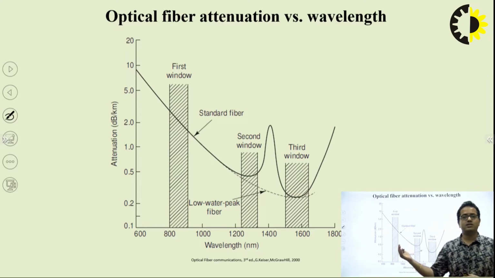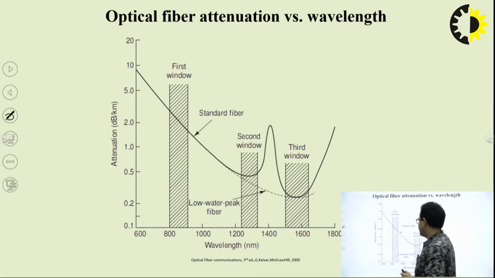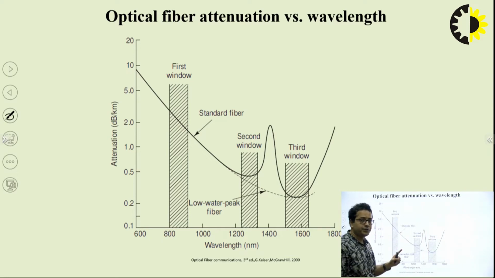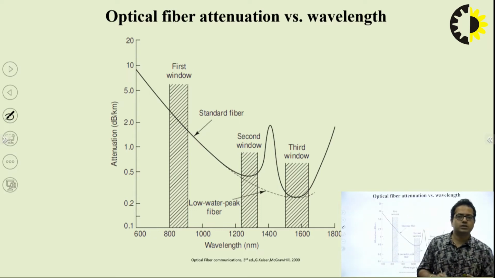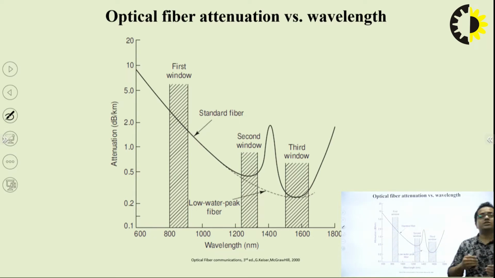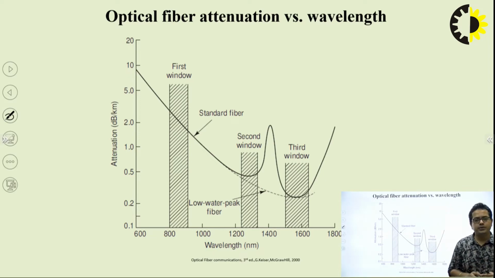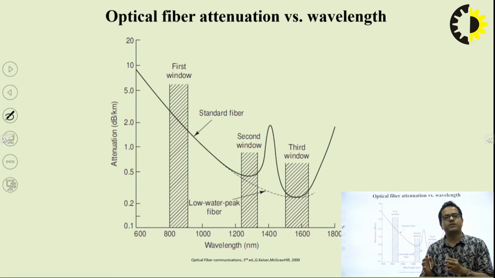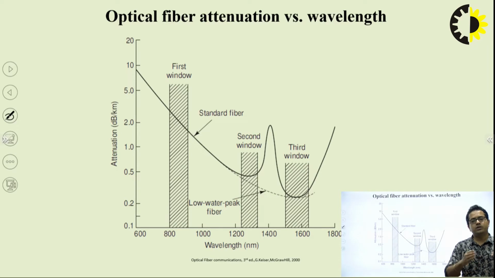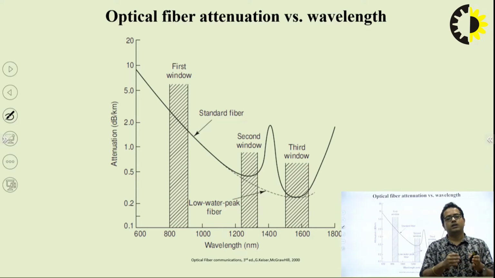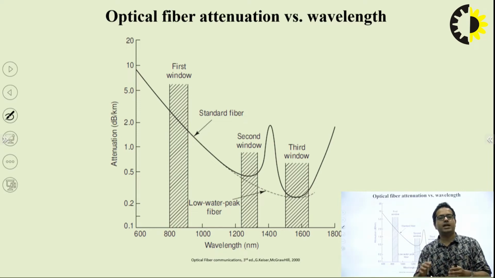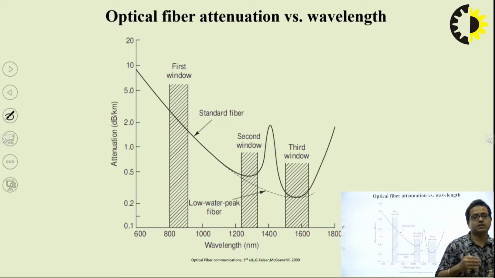From this graph, one can easily conclude that we have 3 optical windows: 850, 1300 as well as 1550 nanometer. In these 3 windows, we have to find the magnitude of attenuation in terms of dB per kilometer, so that we could use only that wavelength that is responsible for the least attenuation. This graph is telling us that information.